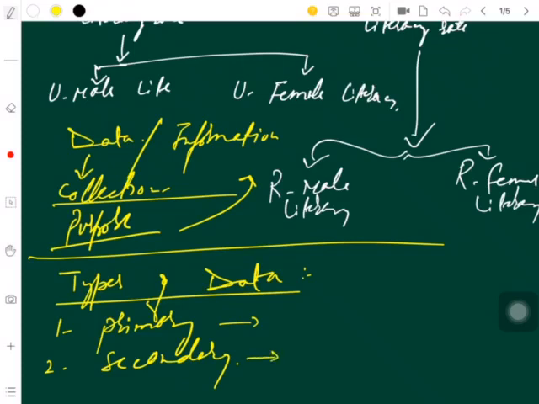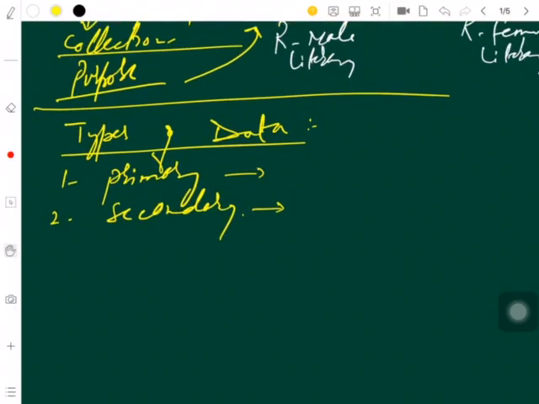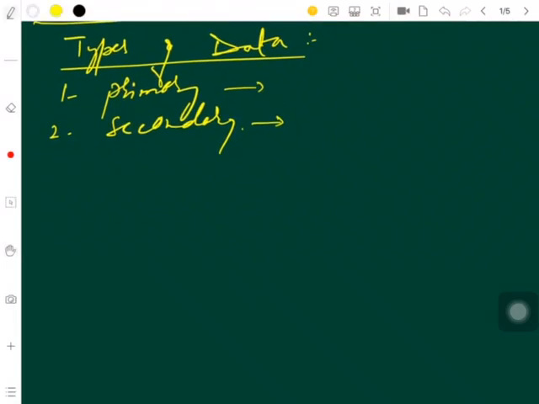So from a collection point of view, data is of two types: primary data and secondary data. When we say primary data, you can say in a way, primary data are original data. Why do we say original data?